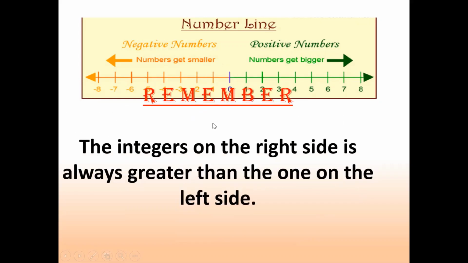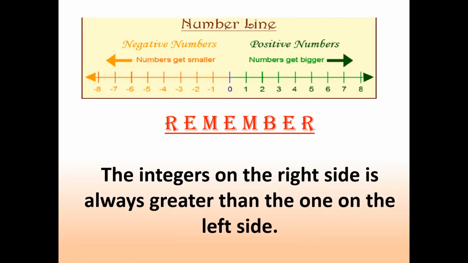Remember, children, the integers on the right hand side are always greater than the ones on the left hand side. You take any number which is on the right hand side. Suppose you take 0, and on the right hand side we have 1. Which one is greater? Having nothing or having 1, having something?